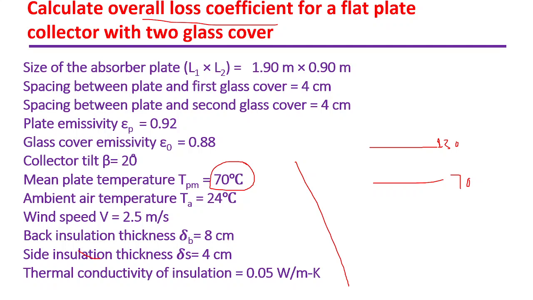Whenever we are solving a numerical problem, there is a thumb rule: always check the units. The units should be the same, so you have to convert to meter, making it 0.08, and likewise convert to Kelvin: 70 plus 273 and 24 plus 273. Units on both sides should be in the same format.